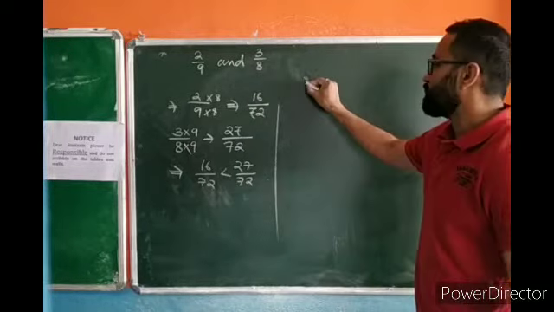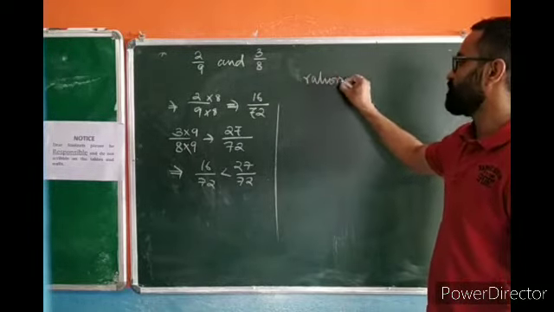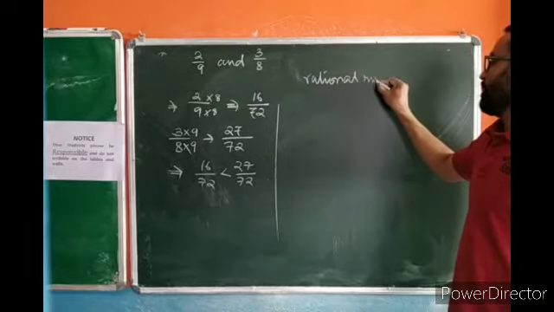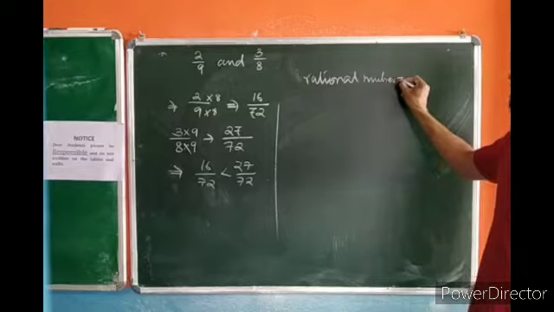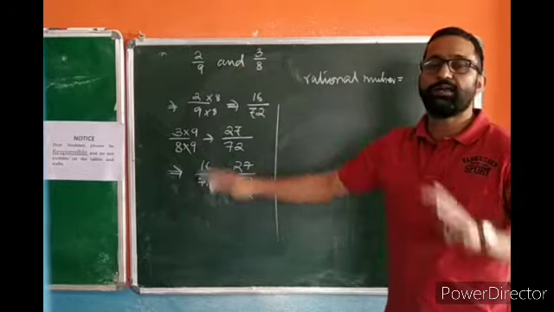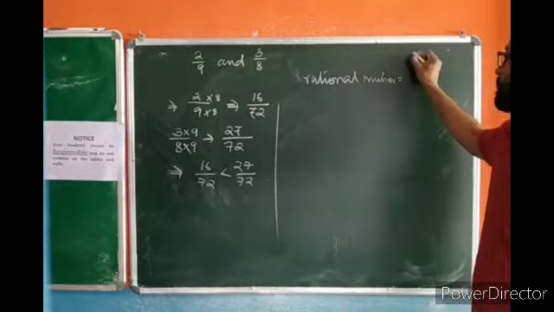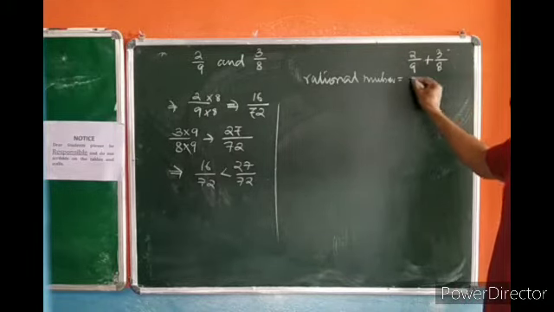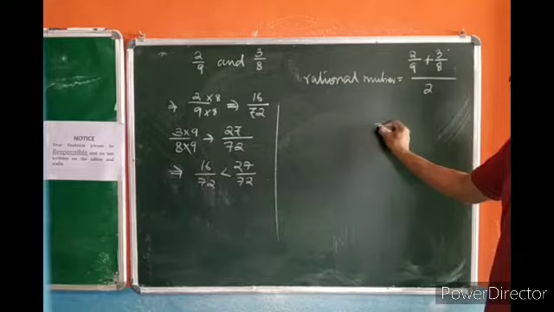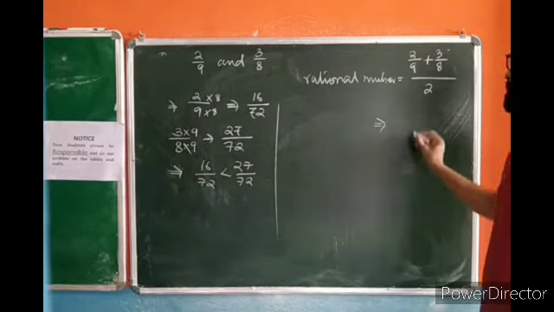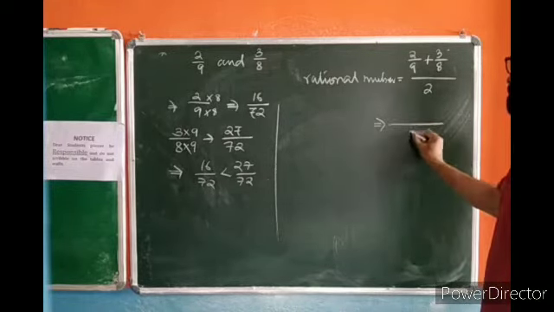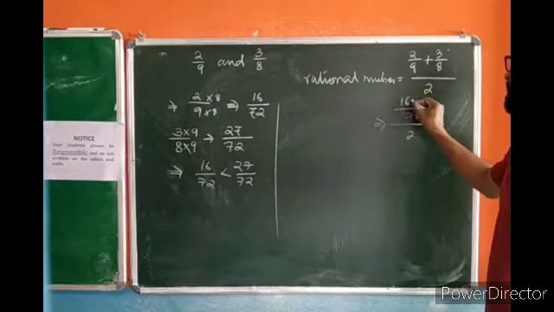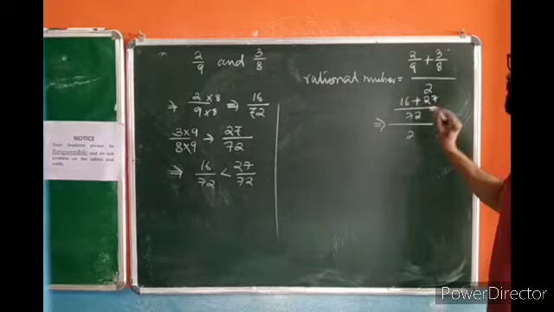So when we calculate a rational number in between these two, you need to add the given numbers and divide by 2. 2 by 9 plus 3 by 8 divided by 2. Look at the insertion. LCM we take, that is 72. 16 plus 9 into 3 is 27.